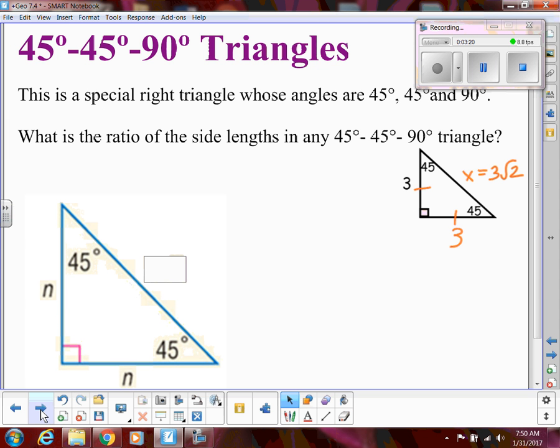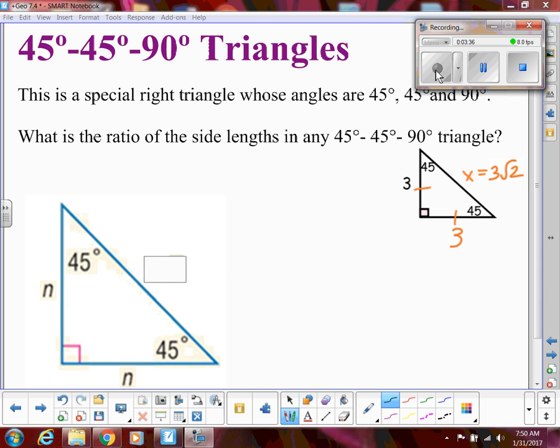All right, the 45, 45, 90. So in that warm-up, we found that when the two legs were 3, the hypotenuse was 3 root 2. And I want to make sure you believe me when I say that this will work for any triangle. So instead of calling these 3, I'm going to call them n, like I have in this general triangle.